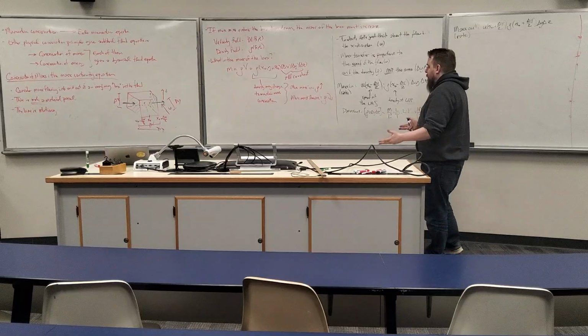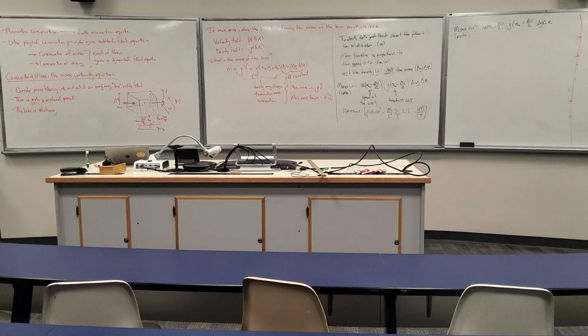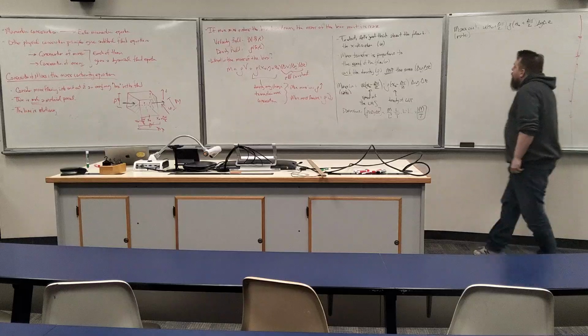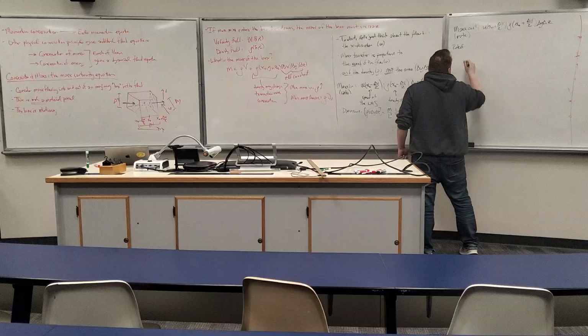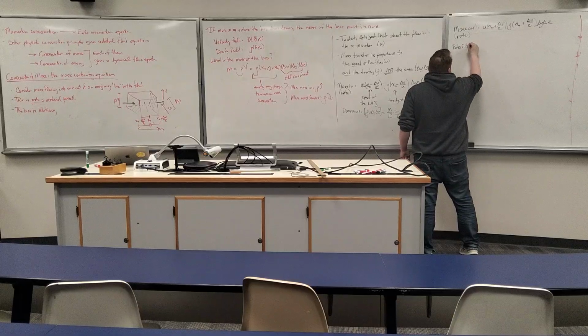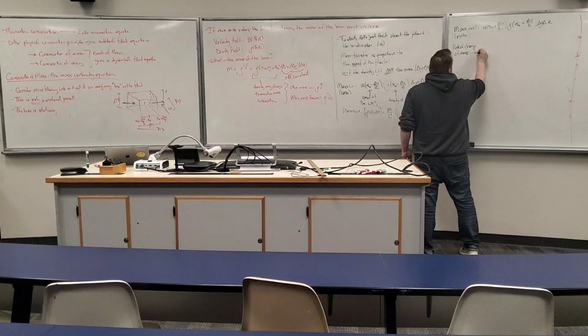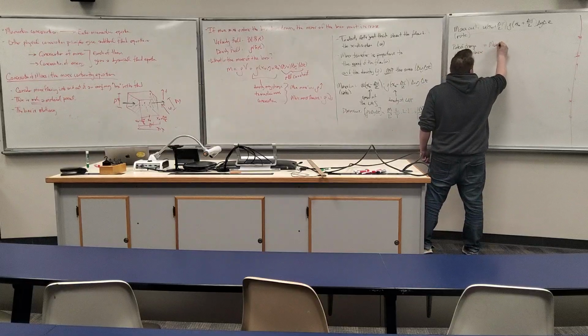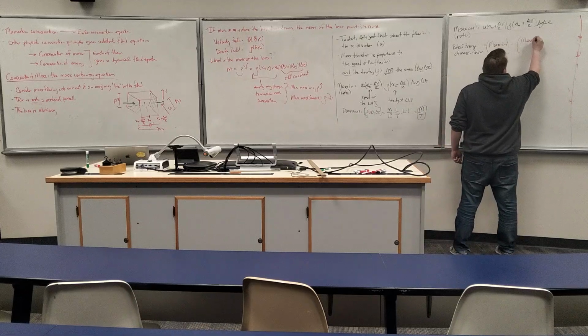So our rate of change of mass is going to be the difference between these two rates, a rate of inflow and a rate of outflow. If those two are not equal, then you either have more mass coming in or more mass going out, and so the mass of the box is going to either increase or decrease. So the rate of change of mass in the box is equal to the mass in rate minus the mass out rate.